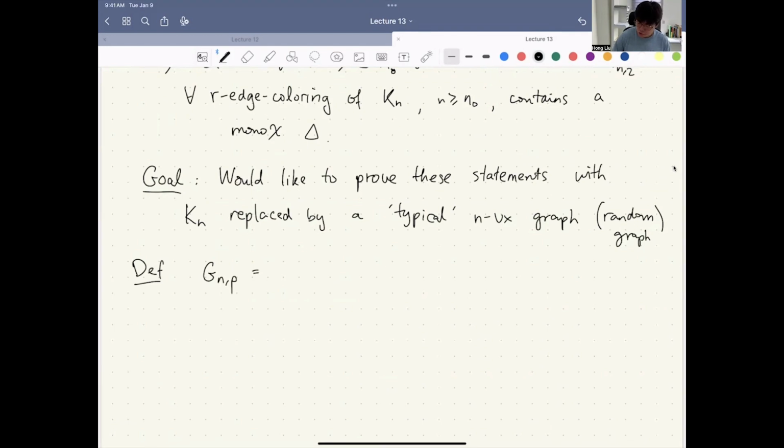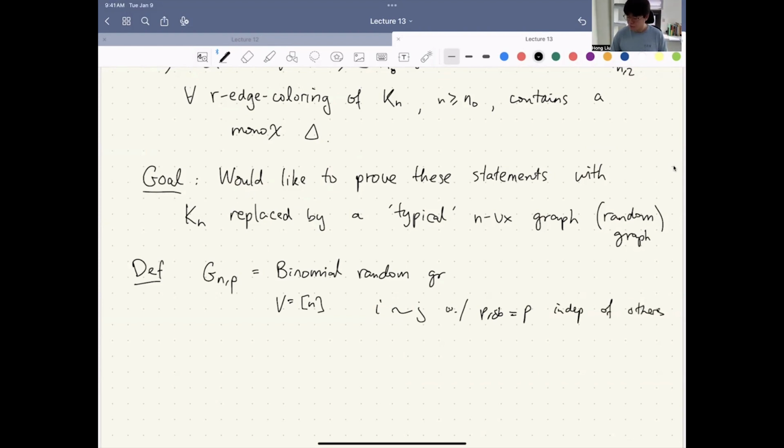This is the Erdős–Rényi binomial random graph, meaning that you have a vertex set of size n and two vertices i and j are adjacent with probability p, independent of others.